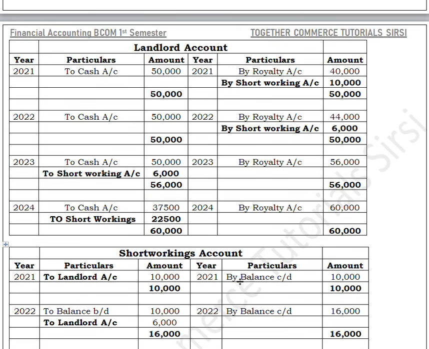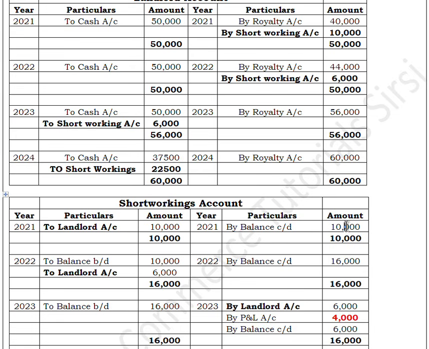Now I'll explain how this balance carried down comes. So for the first year, to landlord is 10,000. The same amount is to be taken here. So this becomes by balance carried down. So this amount comes here, that's it, as by balance carried down. Then this by balance carried down comes here as to balance brought down.